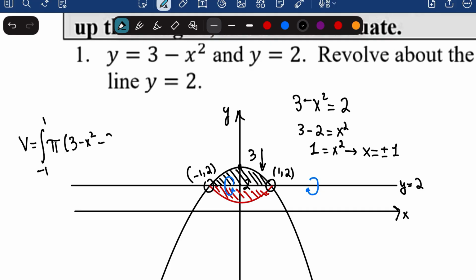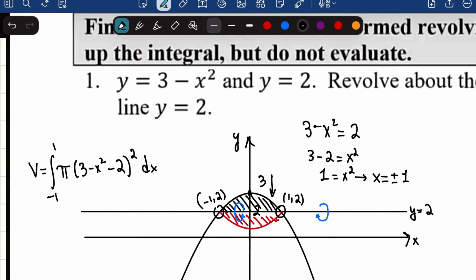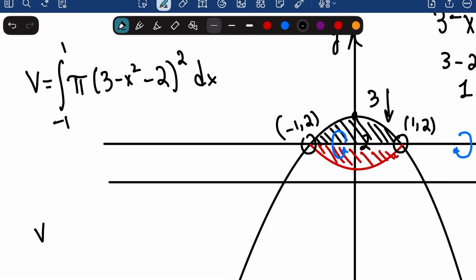So minus 2, squared, dx. So 3 minus 2 is simply going to be 1. So the volume equals the integral from negative 1 to 1 of pi times (1 minus x squared) squared dx.